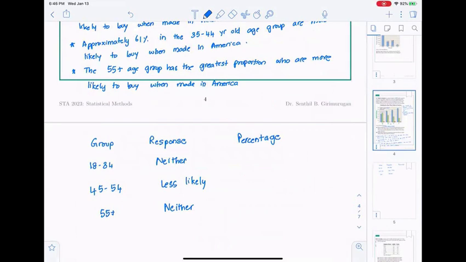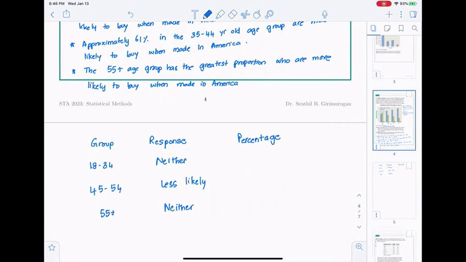In other words, in the 18 to 34 age group, what are the chances that an ad has no effect when it says Made in America? That's what a neither response would mean. In the age group 45 to 54, when they say Made in America, what are the chances that they would be less likely to buy the product?